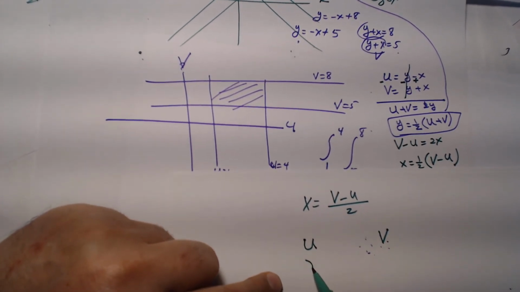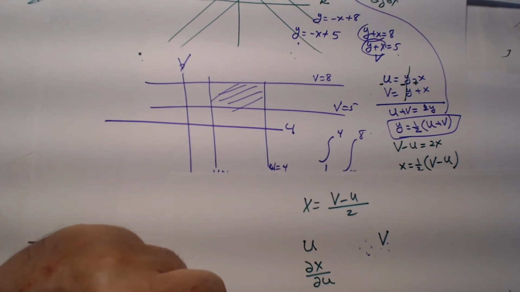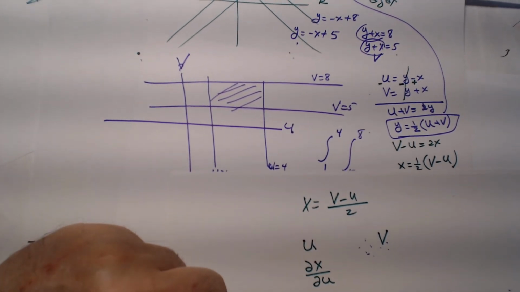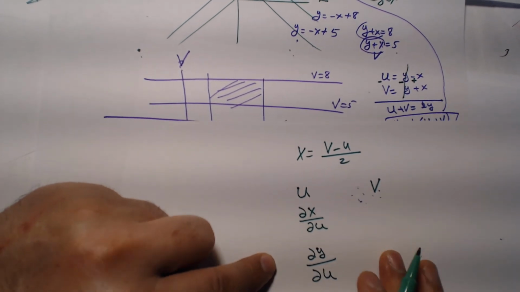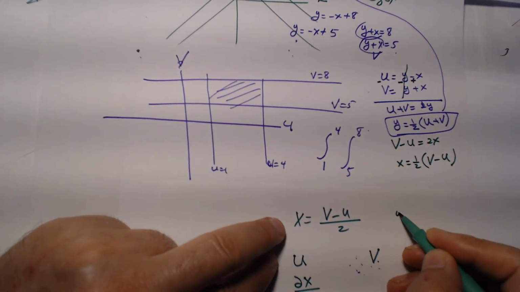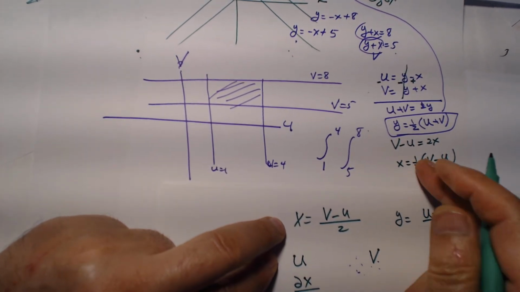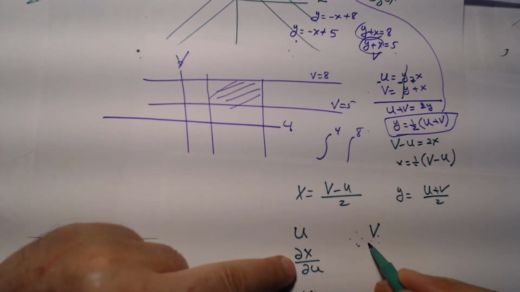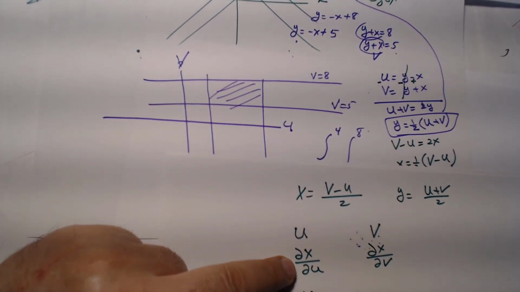I need the partial derivative of x with respect to u and the partial derivative of y with respect to u. But what was my y? My y was (u plus v) over 2. And I need the partial derivative of x with respect to v and the partial derivative of y with respect to v.